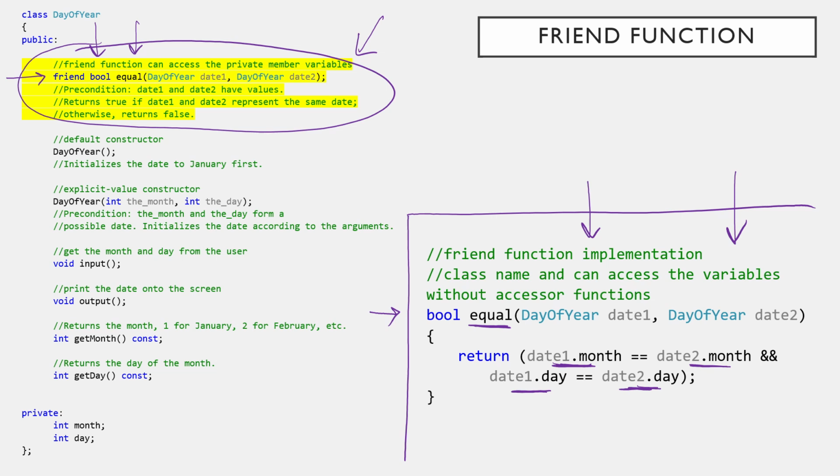But here you're working with two objects. So how are you going to write a member function that compares two objects? You need to use a non-member function, and then to make it easier and able to access the private member variables with just the dot operator, and not have to use the accessor and mutator functions, you use a friend function.